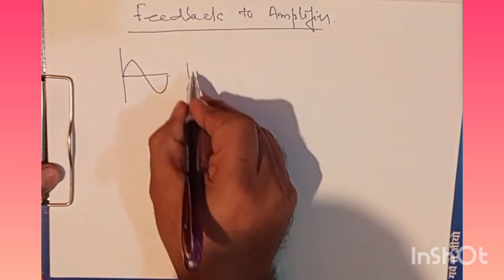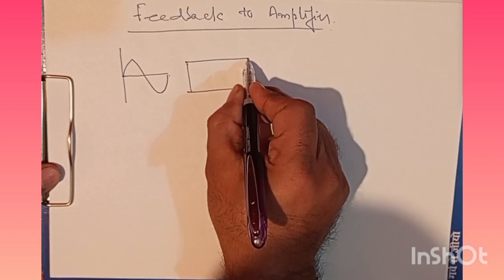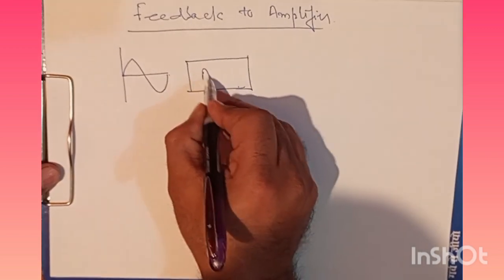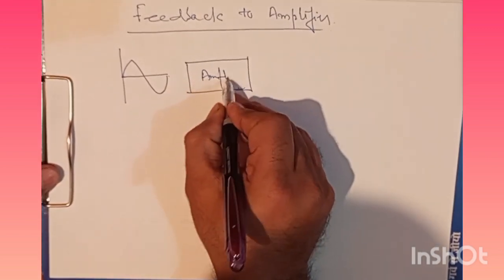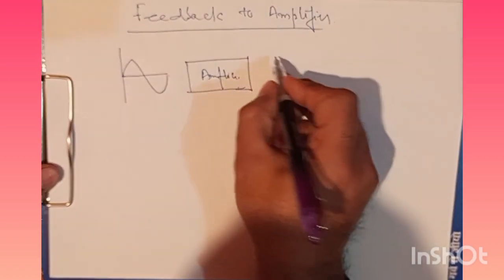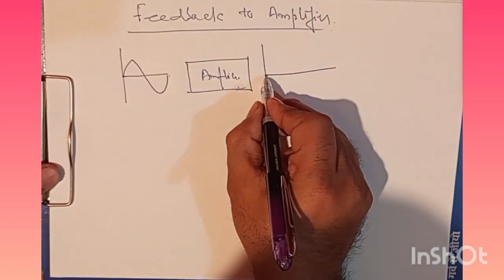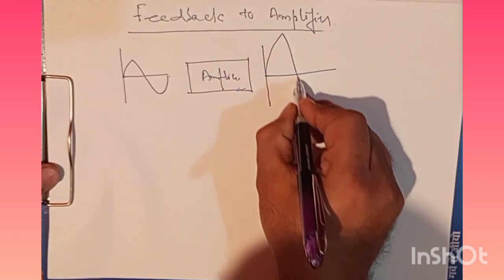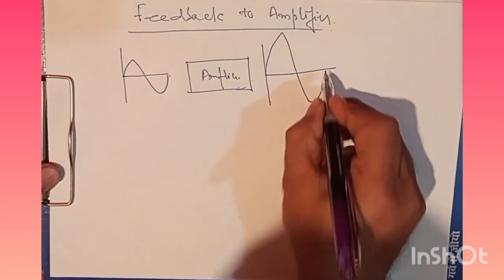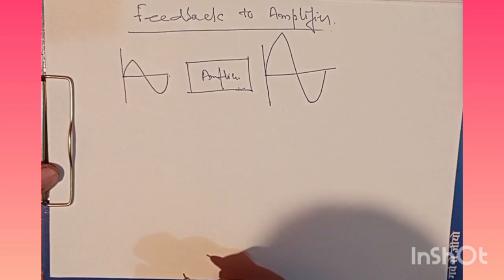Then we subject this input signal to an amplifier, and we get an output, and the magnitude of the output is large, because the job of an amplifier is to enhance the magnitude of the signal.